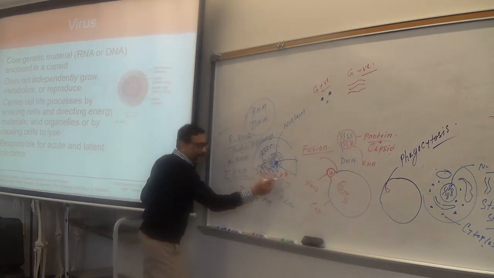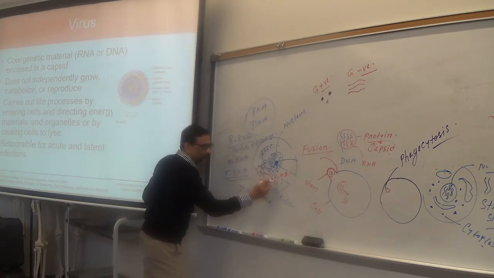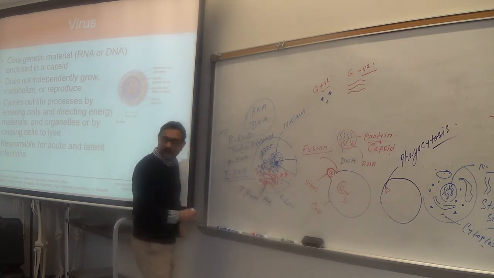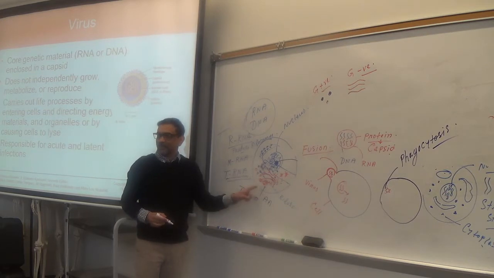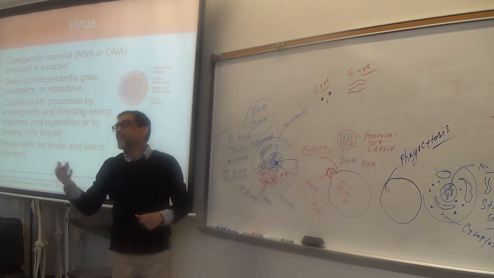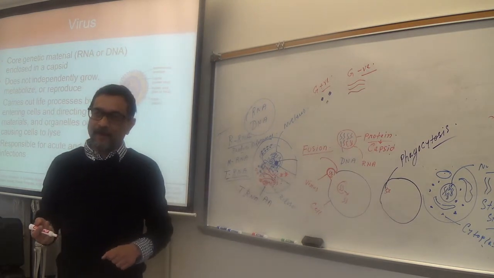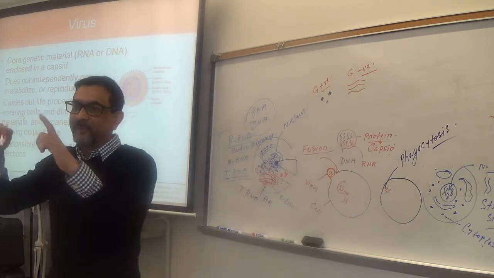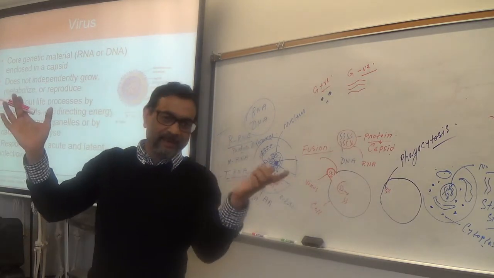This RNA will replicate, will produce new RNA, and this new RNA will enter into those capsids. So now, make sense? These capsids now got the RNA of the virus and become virus. Now you have the capsid and viral RNA inside.